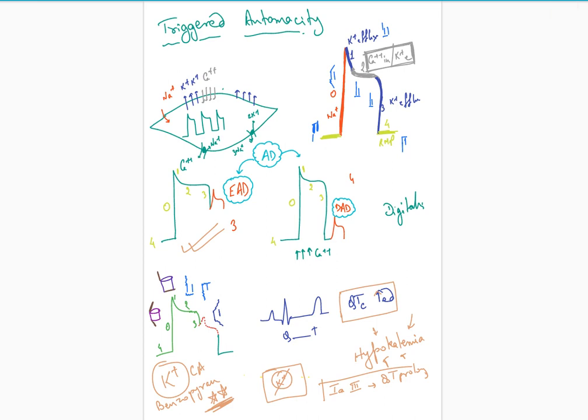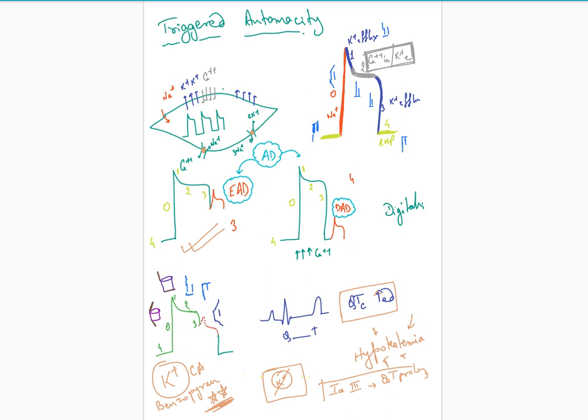These cells have a sodium calcium exchanger, and along with that there is the sodium potassium ATPase pump, which throws out 3 sodium ions and 2 potassium ions utilizing ATP. And also remember that there is a sodium calcium exchanger.